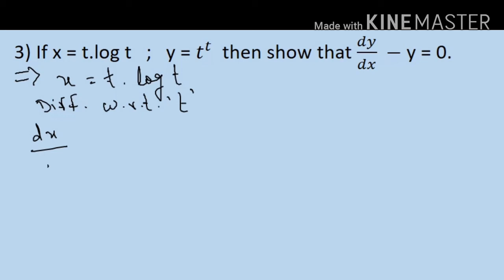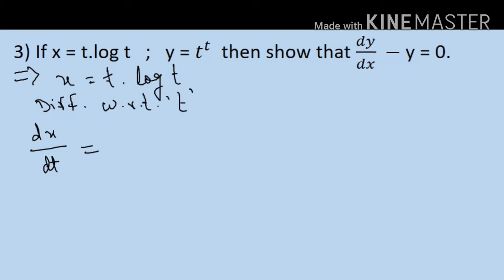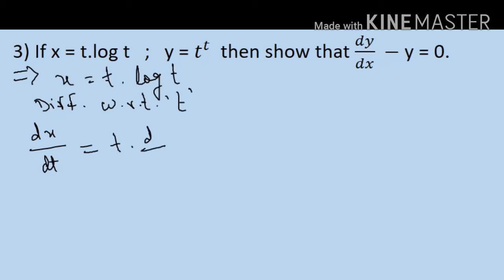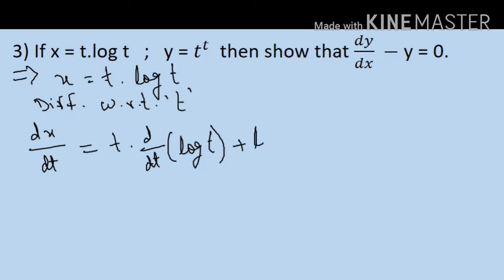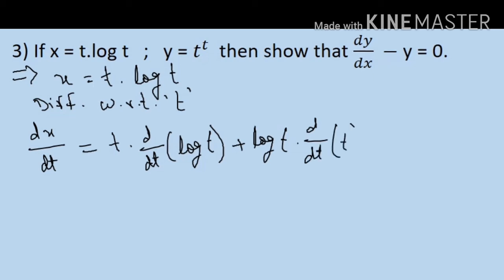dx by dt is equal to, what is the derivative of u into v? U into dv by dx plus v into du by dx. So we will write t into d upon dt of log t plus log t into d dt of t.